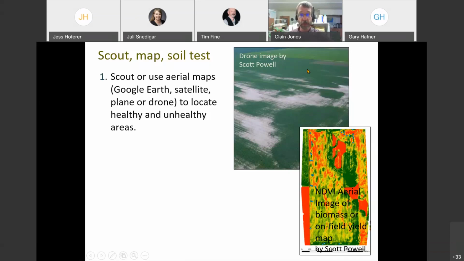That can then be used to go in and target these areas and find out, well, how low is the pH? And would these be areas that are more conducive to liming, for example, than these areas?